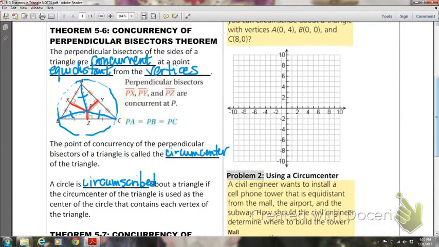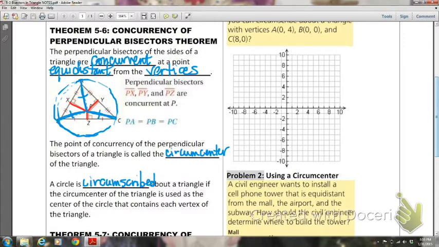If I circumscribed a circle around that triangle, which means it only goes through the vertices of the triangle, there's a circle that goes through each vertex of the triangle. Then these distances from the circumcenter to that vertex are going to be a radius of that circle. And the radii of circles are all congruent, so that's why that distance is equal between PA, PB, and PC.